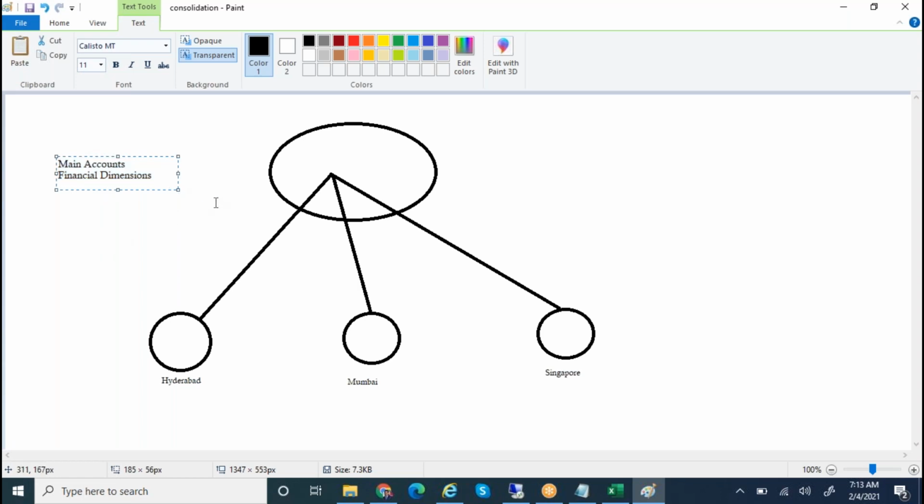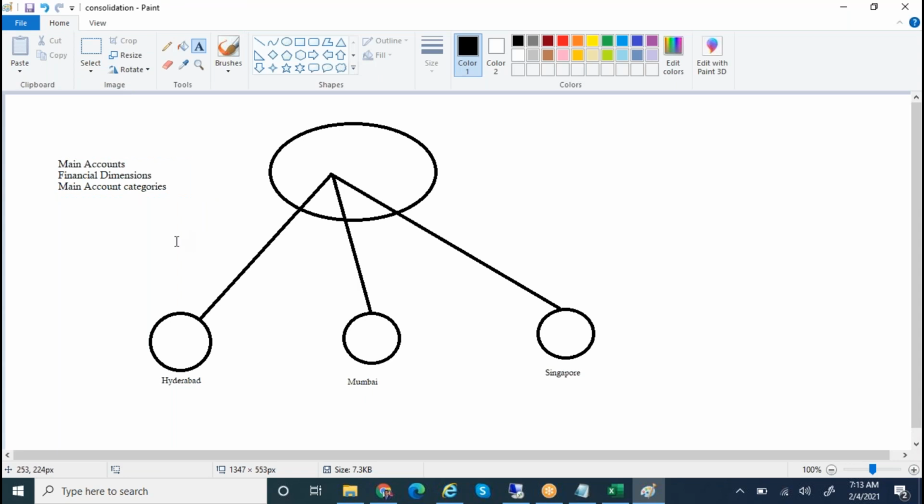And main account categories also. What that means, I will show you in the system tomorrow most probably. So for these accounts only we can combine.